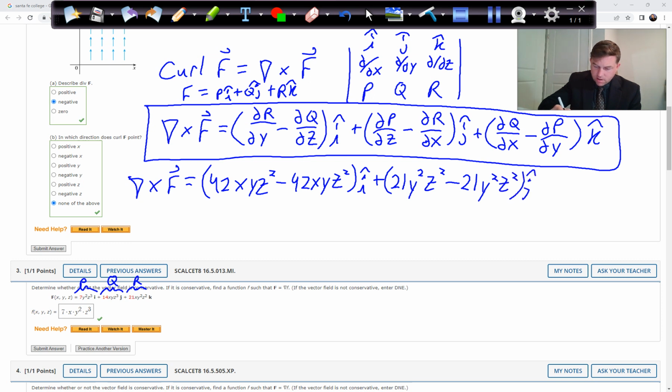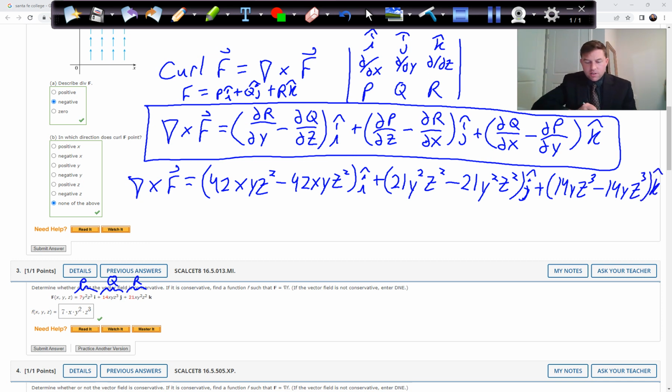In the j, plus dQ/dx would be 14yz cubed, so the x would just go away. 14yz cubed minus dP/dy would be 14y squared becoming y, and then z cubed on the k.